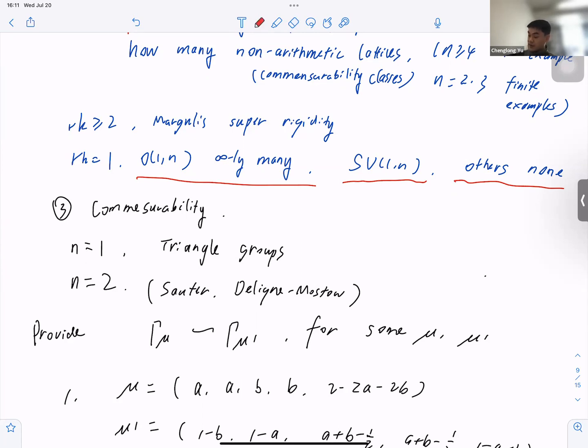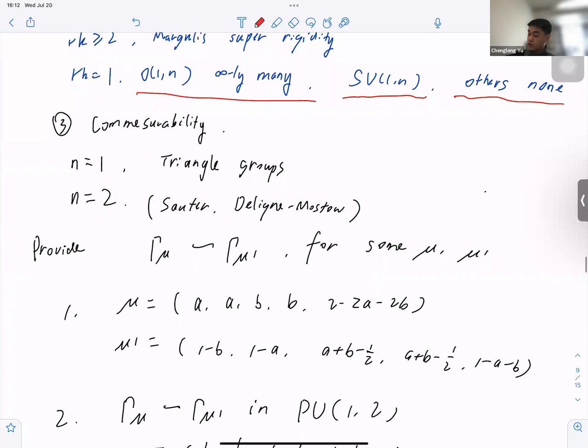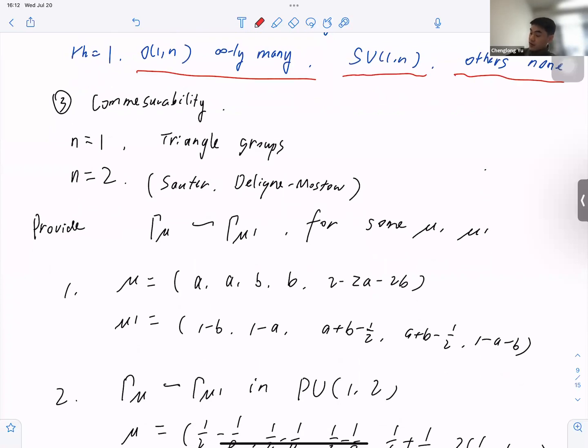It's Sauter's thesis, when he obtained his PhD under the supervision of Mostow. And they provide some examples of commensurability relations for those groups, Gamma_mu and Gamma_mu'. If we choose some parameters, these are subgroups inside PU(1,2), so they may not be discrete, not necessarily discrete.